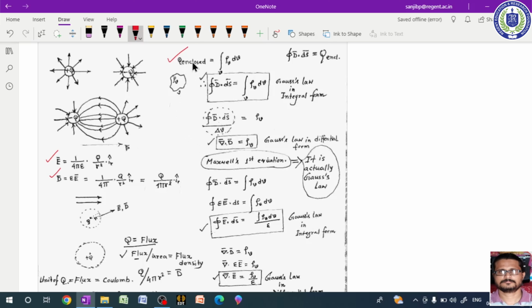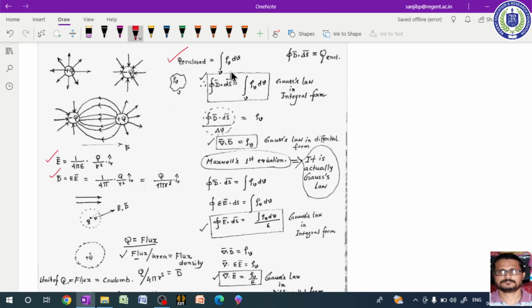Now it can be explained: if throughout the volume the charge density is rho v, and we consider the total charge inside the volume by using volume integration, that will be the expression, which is very much known to you, so I will not explain.